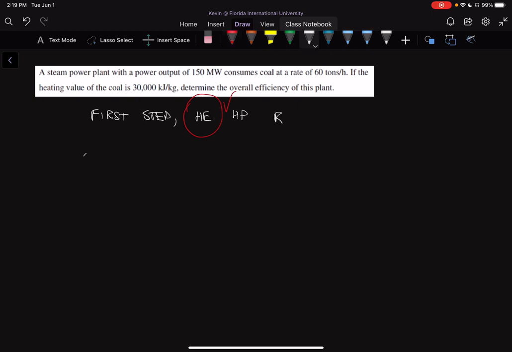So the second step in our problem is to draw a diagram. I always like to draw the simplified diagram of every problem, just to write what information we have and how we can deal with it.